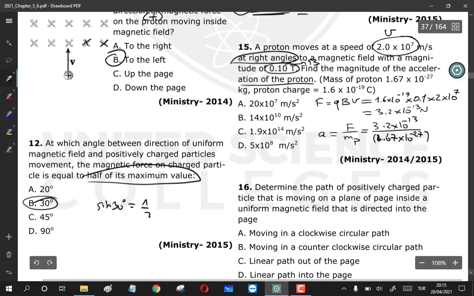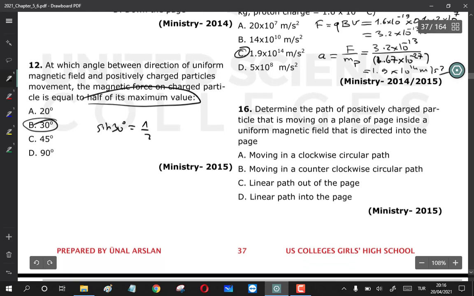So 3.2 times 10 to the power of negative 13 divided by, in bracket, 1.67 times 10 to the power of negative 27. Answer is 1.9 times 10 to the power of 14 meter per second squared. So C is the answer.